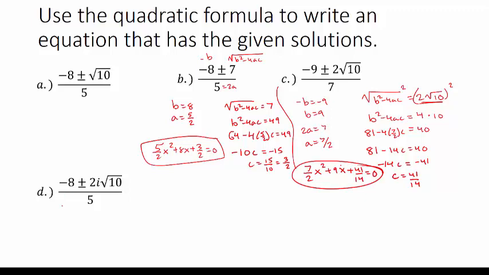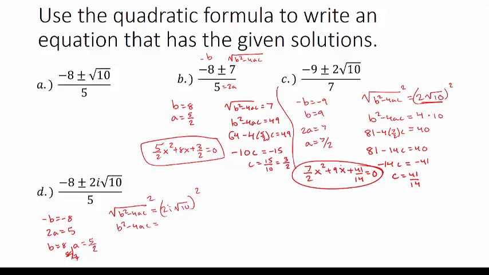And then last but not least, same scenario, I know negative b has to equal negative 8. I know that 2a has to equal 5, which means my b would be 8, and my a, once again, would be 5 over 2. So then that would mean that the square root of b squared minus 4ac would have to get me 2i root 10. And again, we're going to square both sides.